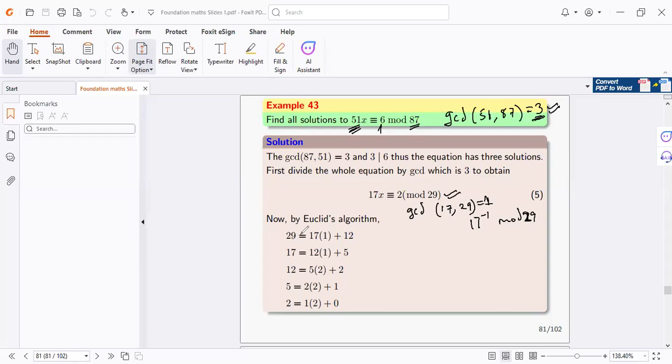First of all, by Euclid's algorithm, where you are dividing 17 into 29 and noting the remainder. 17 into 29, the remainder will be 12. 12 into 17, the remainder will be 5. 5 into 12, the remainder will be 2. And then 2 into 5, the remainder will be 1.